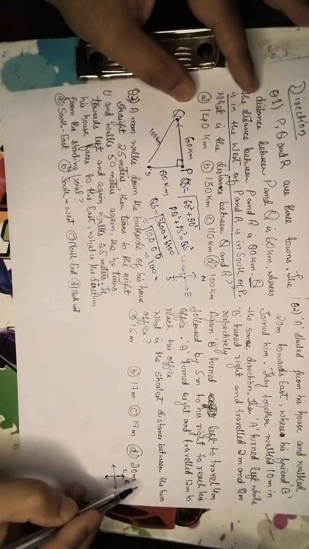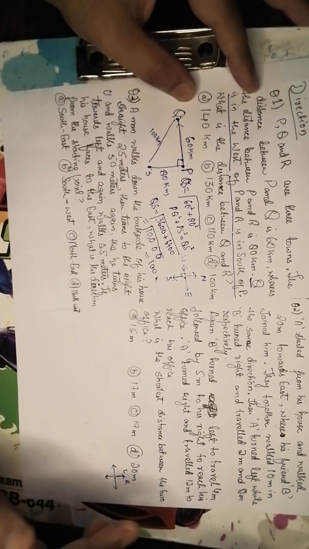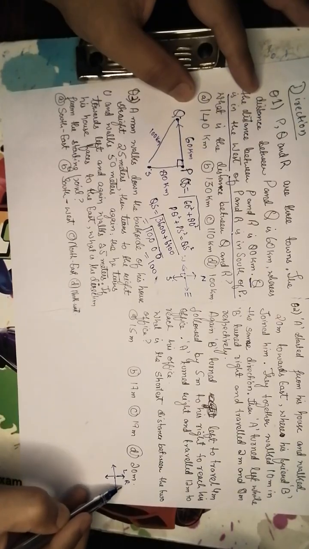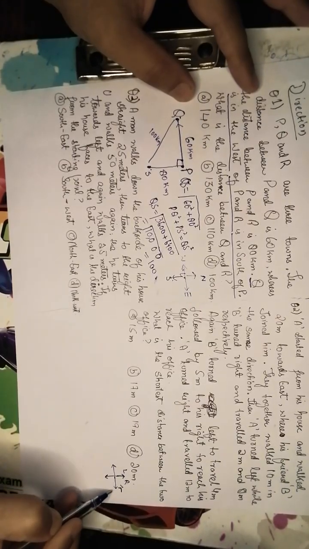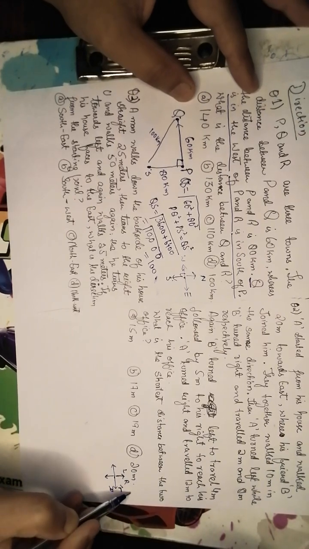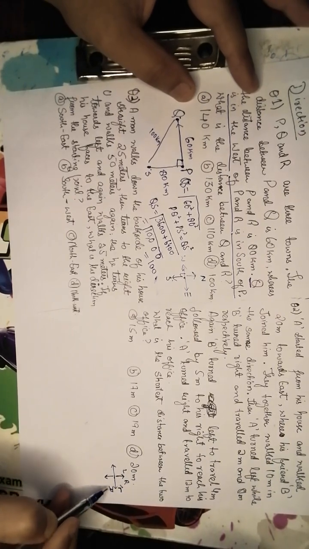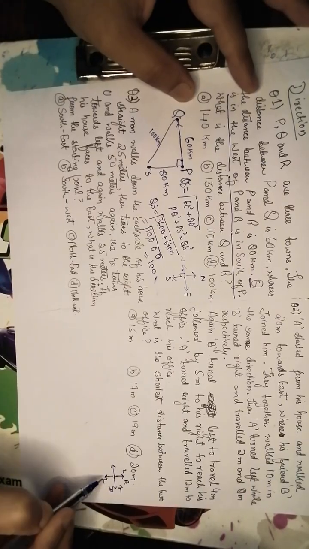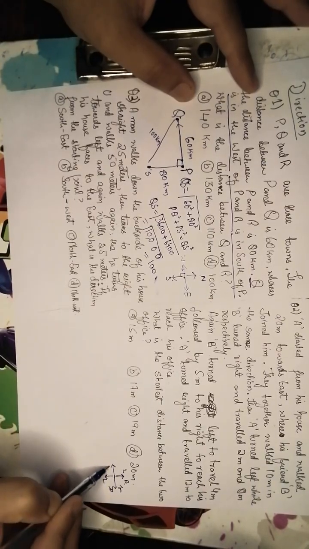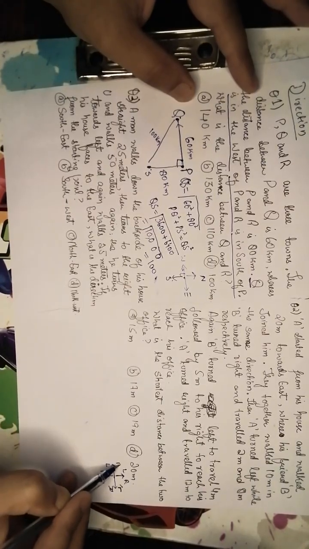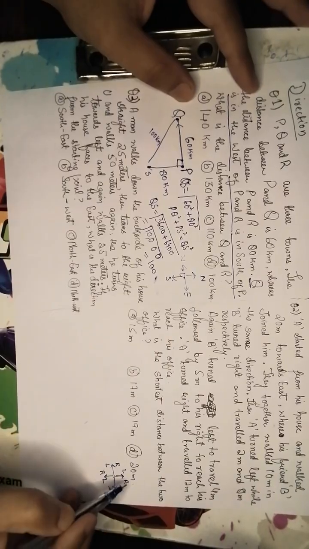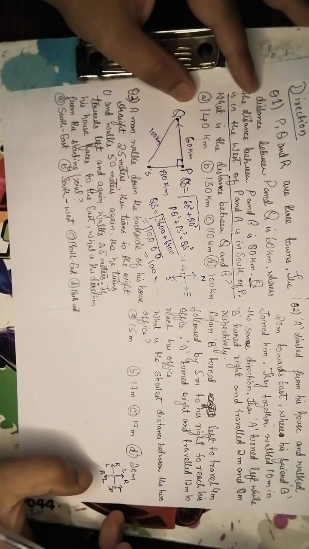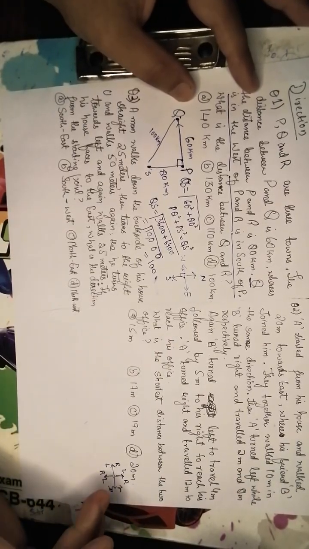So opposite to R will come L. So here L will come and here R will come. For each arrow, the left side is this and the right side is this. You can check yourself, but I draw it so that I can do the question fast.